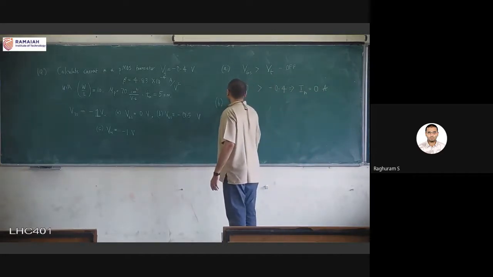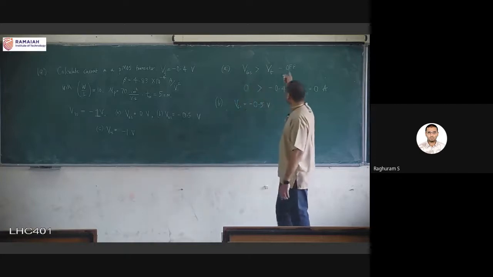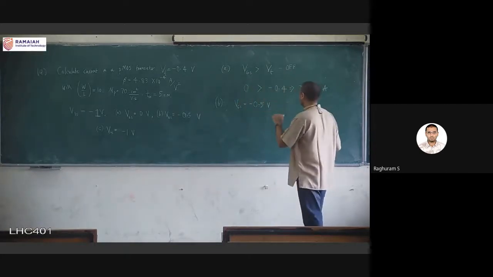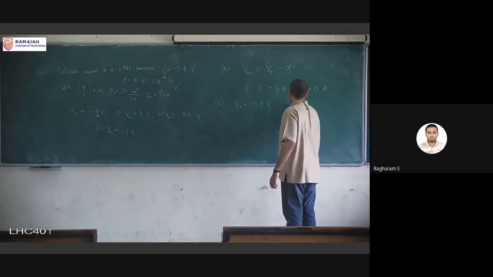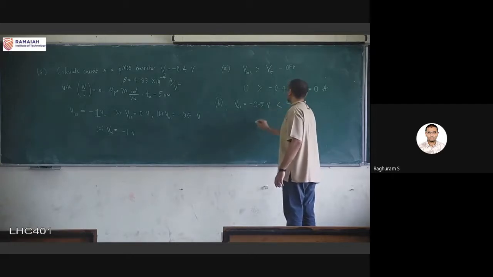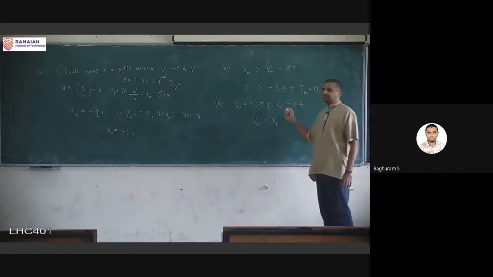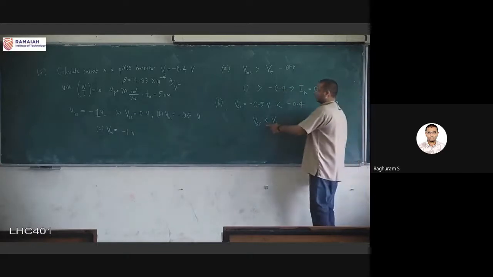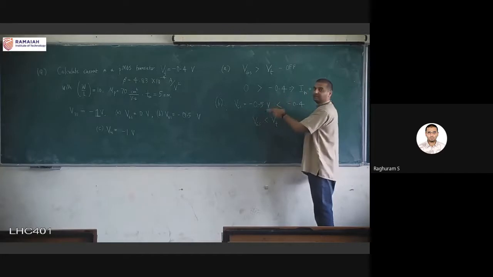VGS now is minus 0.5 volts, and VT is the same value. VT is still minus 0.4. So minus 0.5 is less than minus 0.4. This condition now becomes true, because minus 0.4 is greater than minus 0.5.